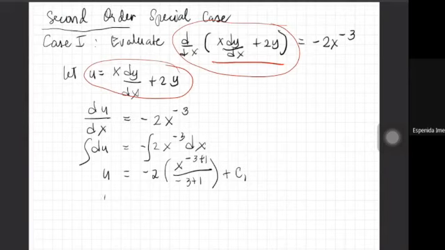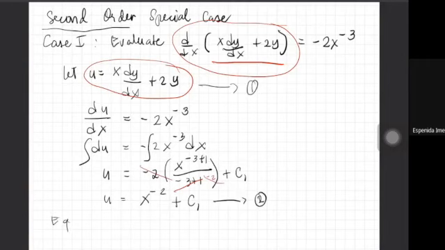And so simplifying our u, this is negative 2, and so this will cancel out. And what's left now is x to the negative 2 plus c sub 1. We're going to equate 1 and 2.